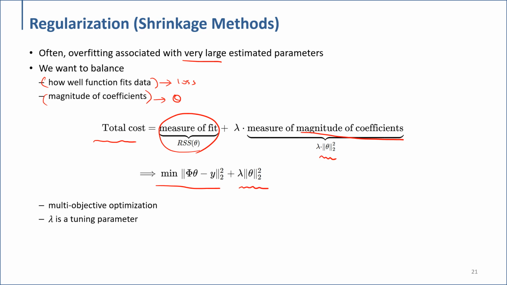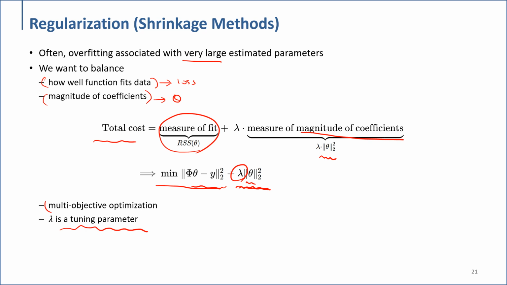Here we used the L2 norm for measuring the loss, and also the L2 norm for measuring the magnitude of the theta value. And lambda is just a tuning parameter, so you should use a proper value for lambda.